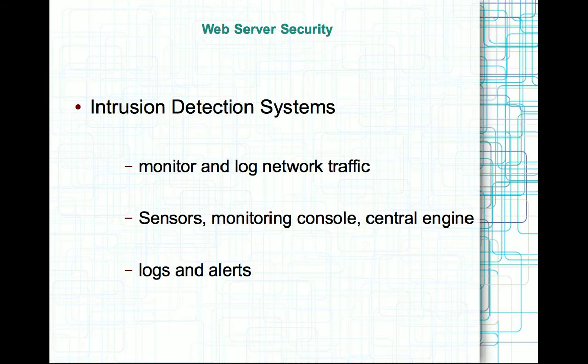The monitoring console controls the sensors, and events are triggered by the sensors, and the central engine records incidents logged by the sensors in a database and also generates alerts.